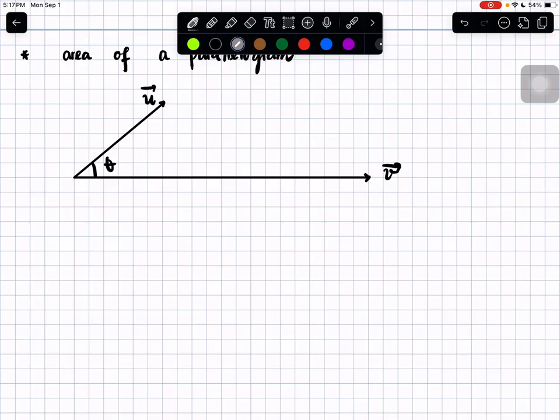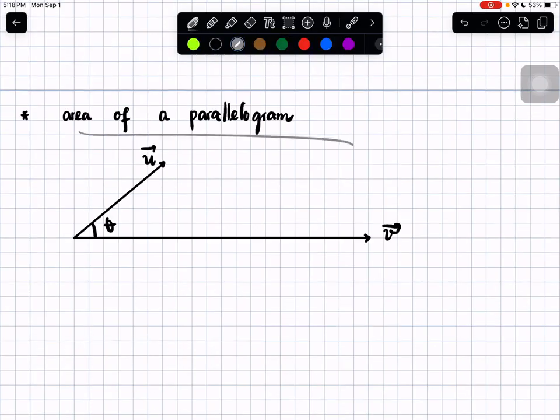If you use your right hand, you will see that if my fingers curve from here to there, the thumb is pointing down. You can double check. So u cross v, if I use u and v in this particular picture, has direction pointing down. Okay, now we prove the area of the parallelogram formula.